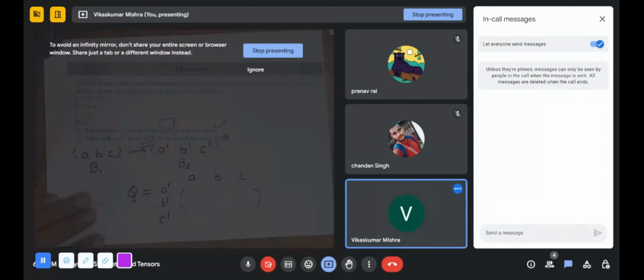Once we get Q, we will easily be able to solve this question. Let's first find Q, and we will proceed further.